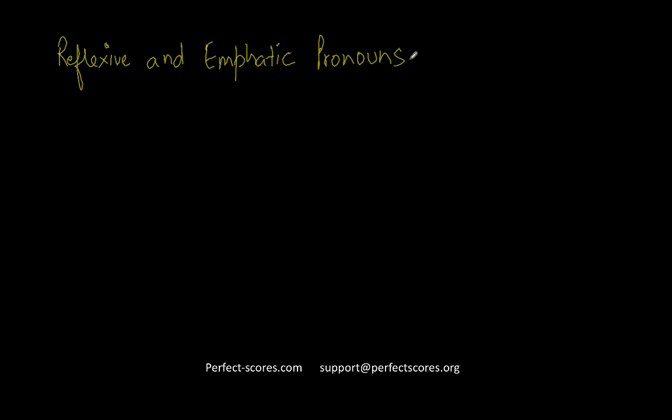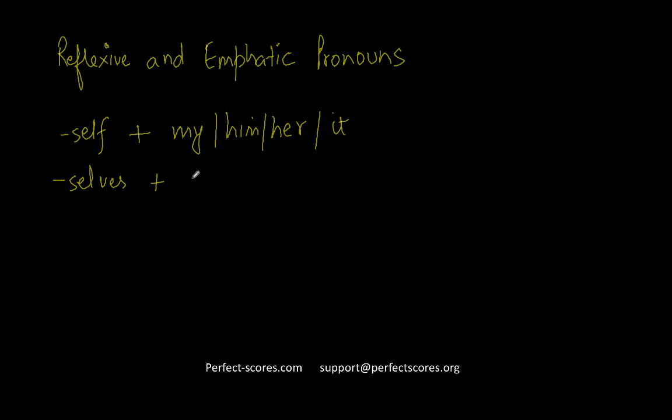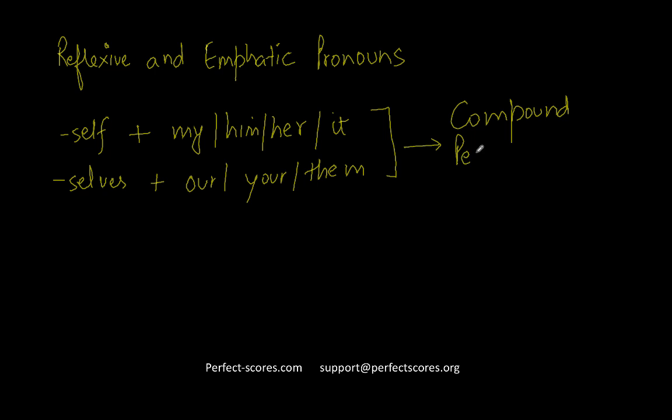related to emphasis. So whenever the word self is added to words such as my, him, her, it, or if the word selves is added to words such as our, your, them, we get pronouns that are known as compound personal pronouns.